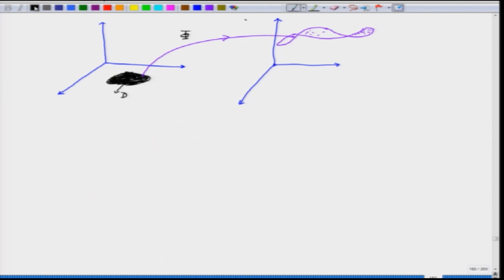So, let us first look at a function z equal to f(x,y), and we see whether we can parametrize the graph. So, f is defined on a domain D. Then how do I write a parametrization? How is my phi defined?